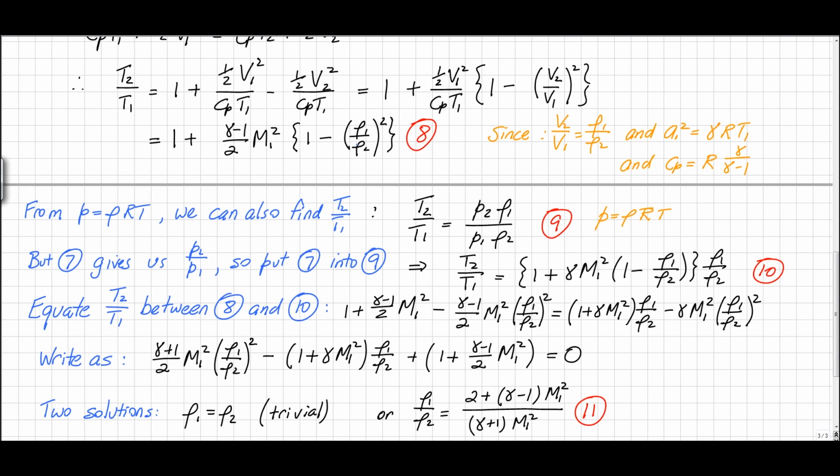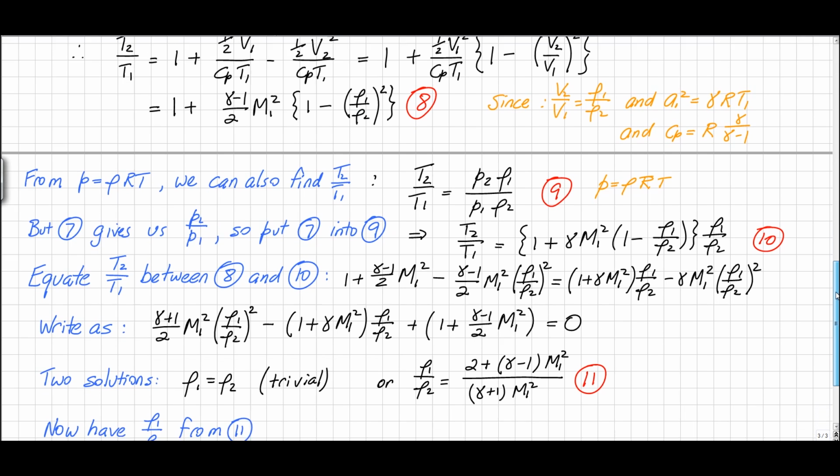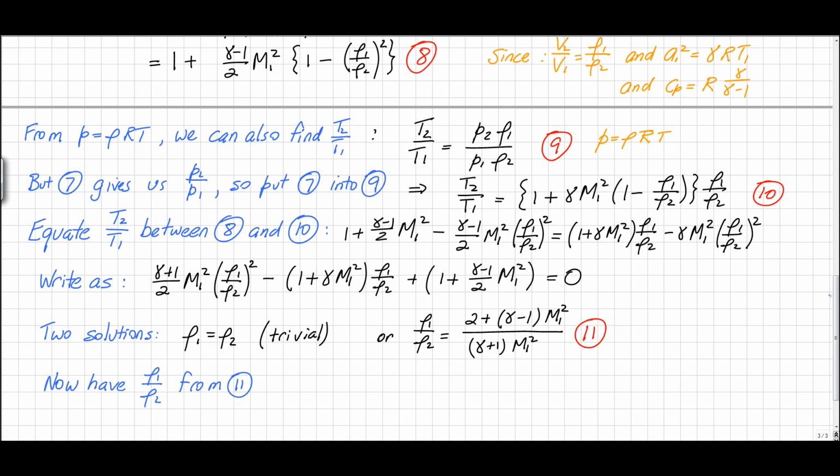So we can put our expression for rho 1 over rho 2 in to get an expression for T2 over T1. We put equation 11 into equation 8, and that will give us an expression for T2 over T1 in terms of gamma and M1 squared.